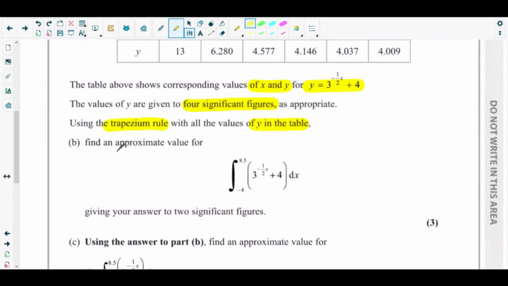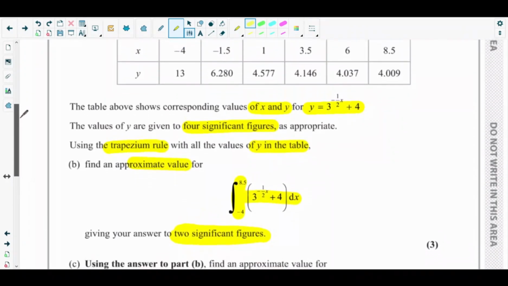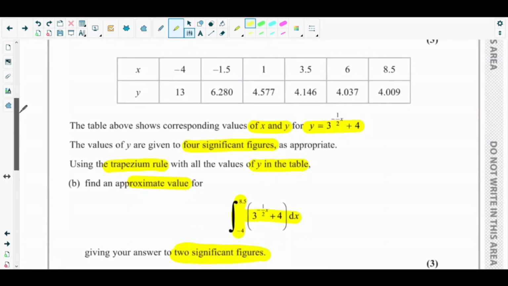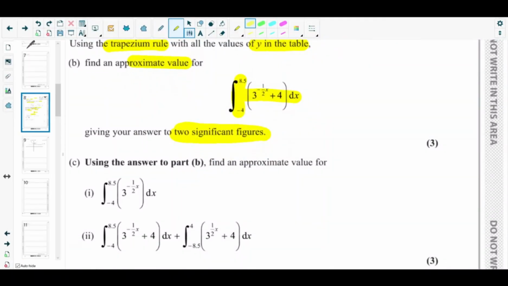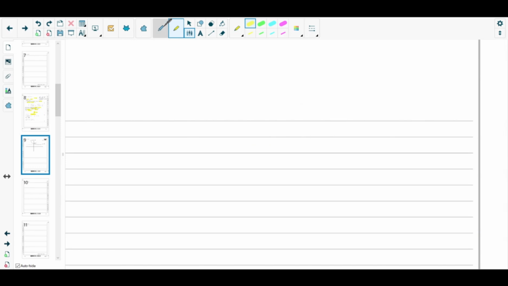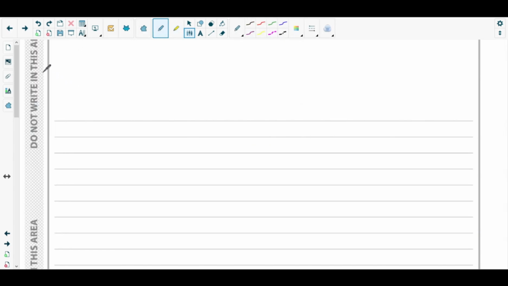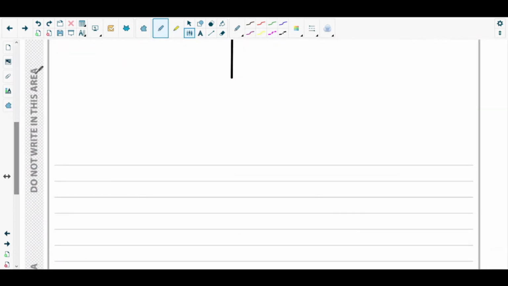Part B asks to find an approximate value for the integral of 3 to the power of half x plus 4, from -4 to 8.5, with respect to x, giving the answer to two significant figures. So we need to find the value of this integral using the trapezium rule. The formula for the trapezium rule is based on the area of a trapezium.